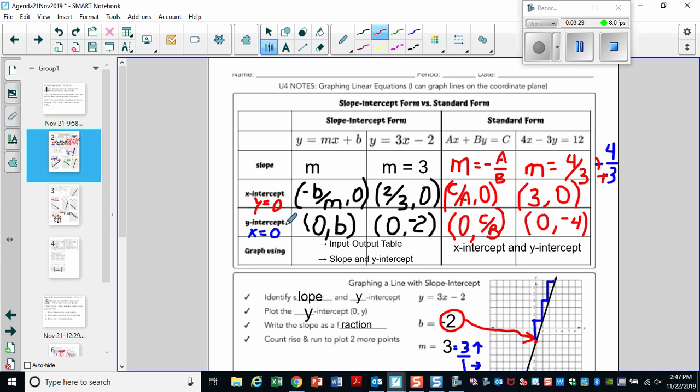Similarly, if you set x equal to 0, the 4x term goes away. Then you have negative 3 times y equals 12. Then, of course, 12 divided by negative 3 gives you a result of negative 4. And then we graph using x and y intercepts.